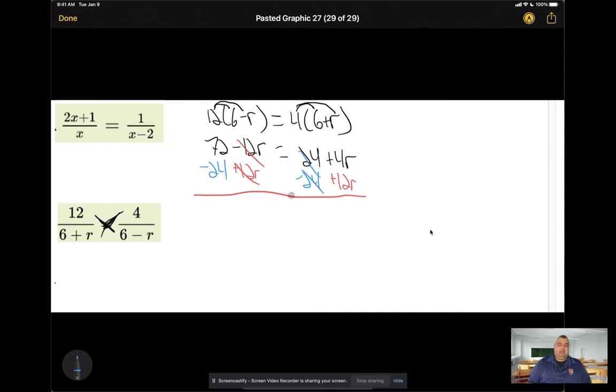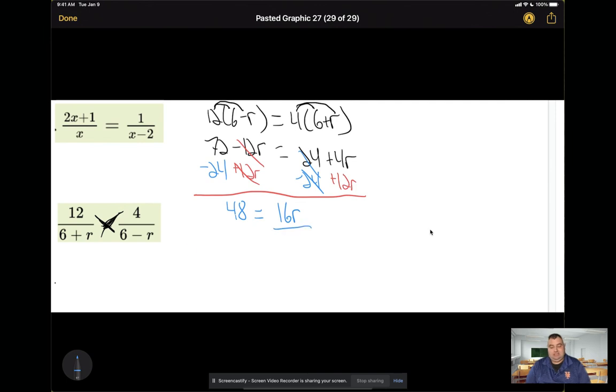So I'm taking all the constants and moving them to the left-hand side, and I'm taking all of the r terms and moving them over to the right-hand side. And when I do that, I end up with 72 minus 24. So that's going to be 48 equals 4r plus 12r, which is 16r.